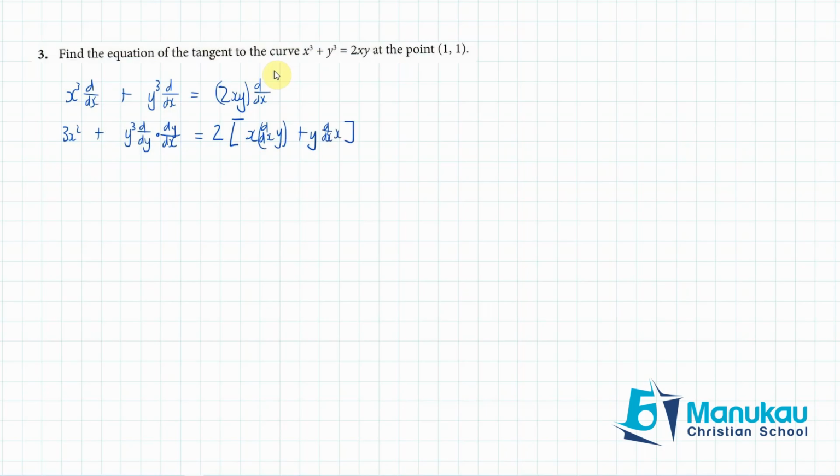Okay, next line, 3x squared plus 3y squared dy/dx equals 2, big bracket, and then it's going to be x times dy/dx plus y, because when we differentiate that x, it just becomes 1.